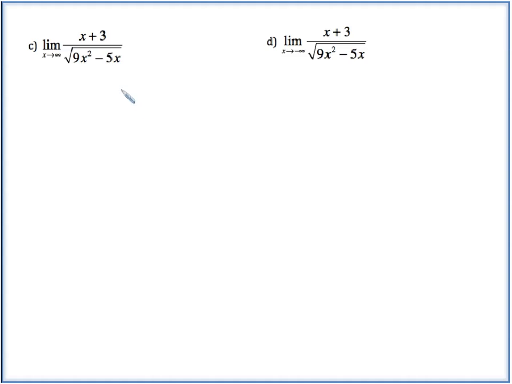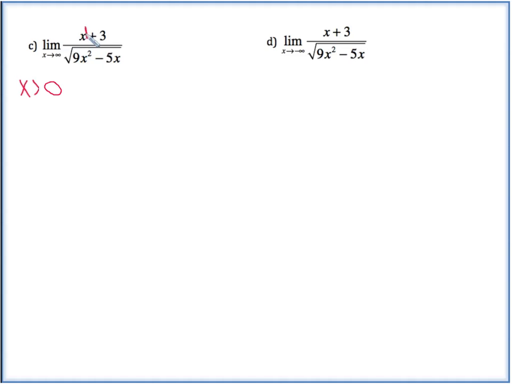Now it turns out when you divide by your radical, you can see that underneath here, this is the square root of an x squared. So when we're dividing by a square root, we can see that this would be a 1, and this is effectively the same as a 1 here. What we want to remember here is that x is approaching infinity, so x is greater than 0, meaning our answer here is going to be the positive.